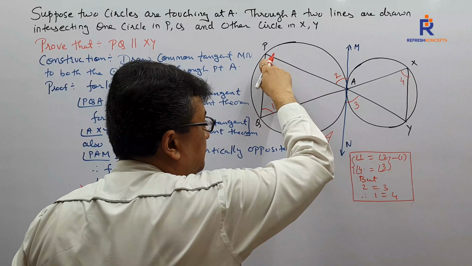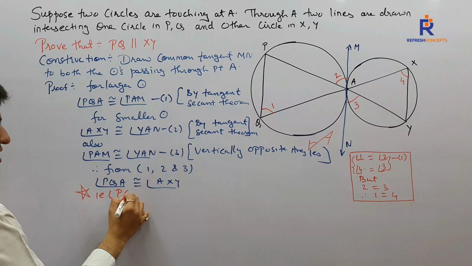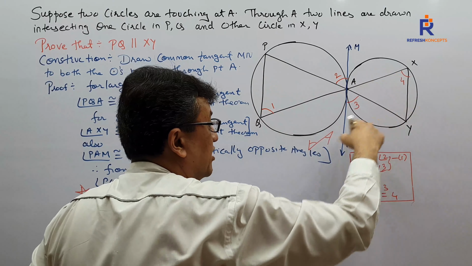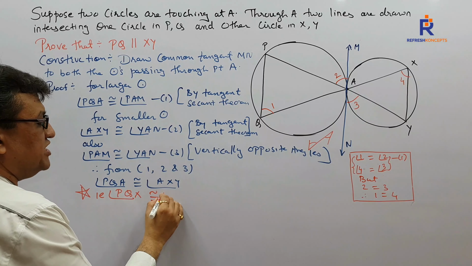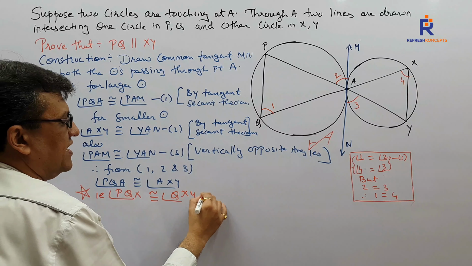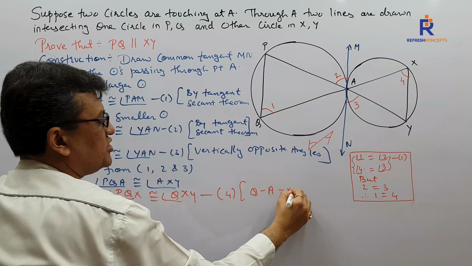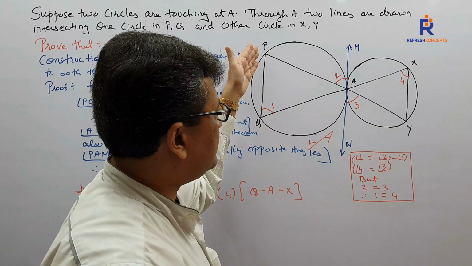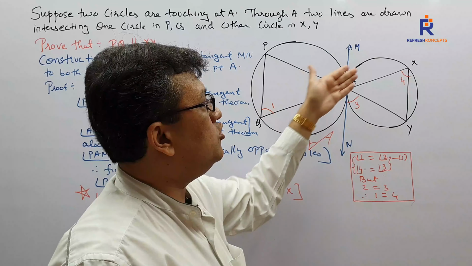We have to extend beyond, PQX. Why? Because when we say alternate angles, we are going to take the entire Z shape. Instead of saying AXY, I shall say QXY. Equation number 4, collinearity Q-A-X. I hope my children are understanding this. We cannot restrict ourselves to PQA. We have to go beyond and say PQX and QXY.